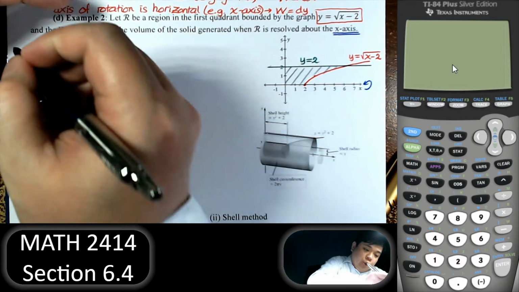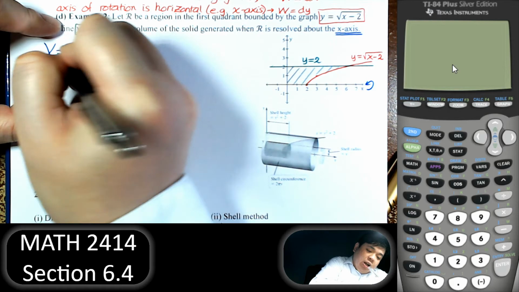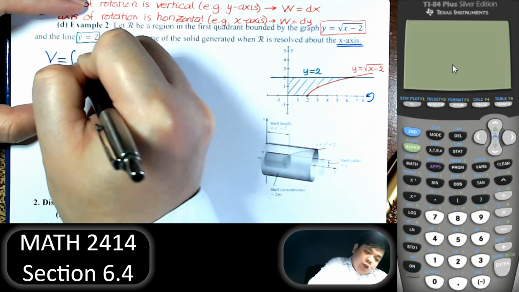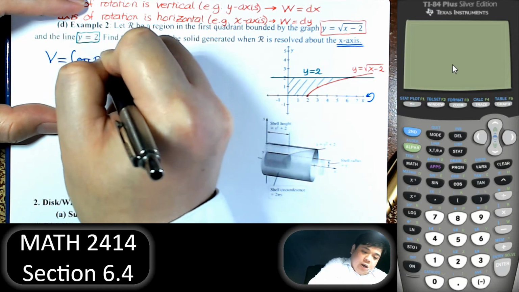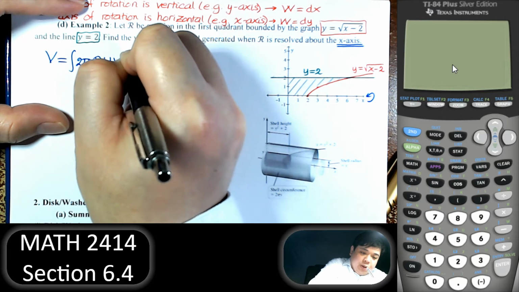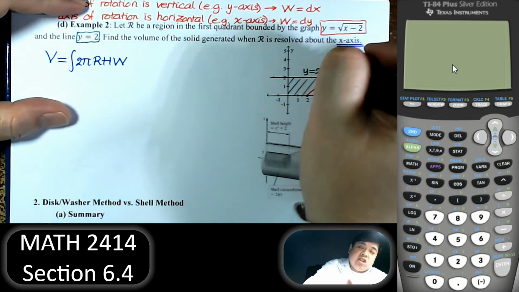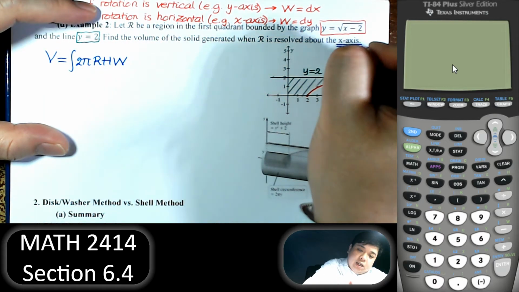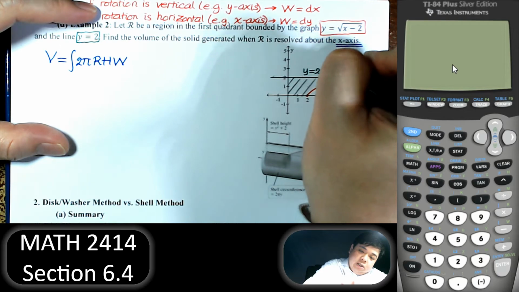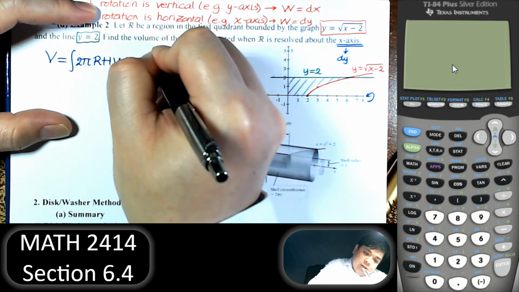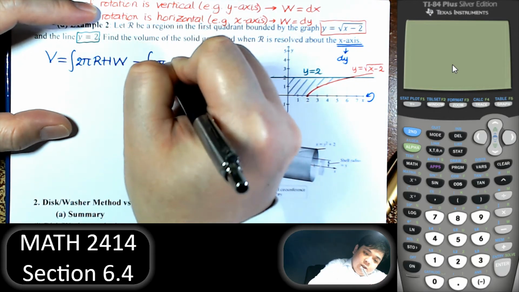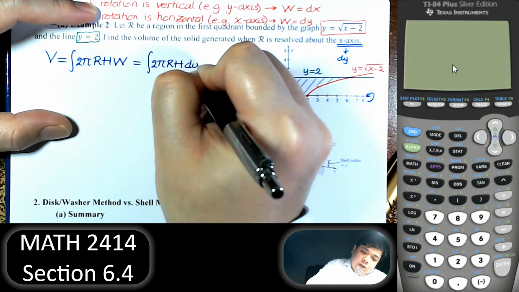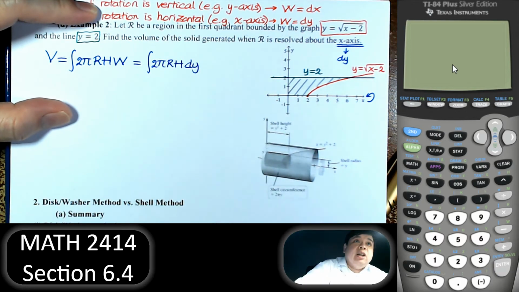So in general, we know that the volume by shell is the integral of 2 pi r h w. Since the axis of rotation is the x-axis, horizontal, we use dy. And what is the limit for y here?